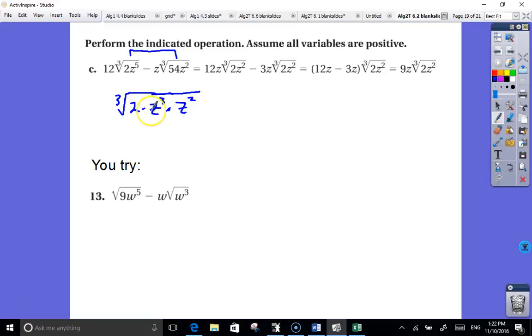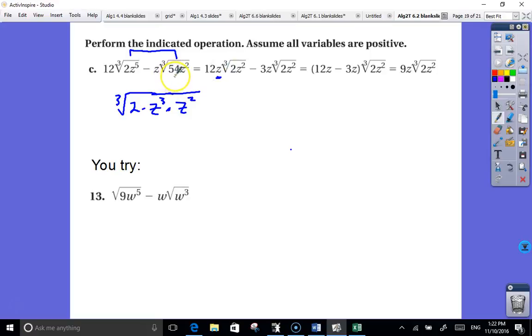The cubed root of z to the 3rd is, what's the 3rd root of z to the 3rd? z. That's where this z comes from. And then the rest of it, 2z squared, has to stay inside the radical.